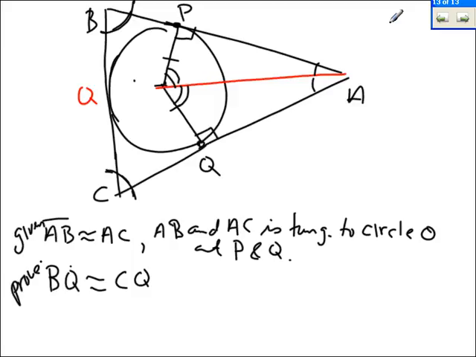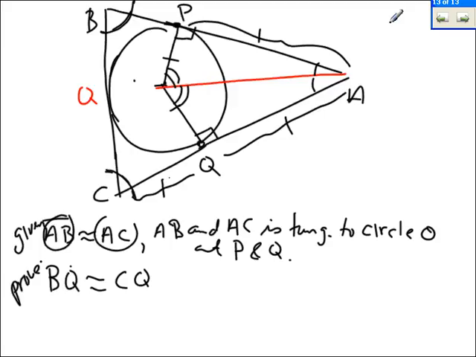Okay. Now, we even know from an earlier theorem that PA and QA are equal. But we know that AB and AC are equal. That means the remainders are equal. What do you add to PA and QA?